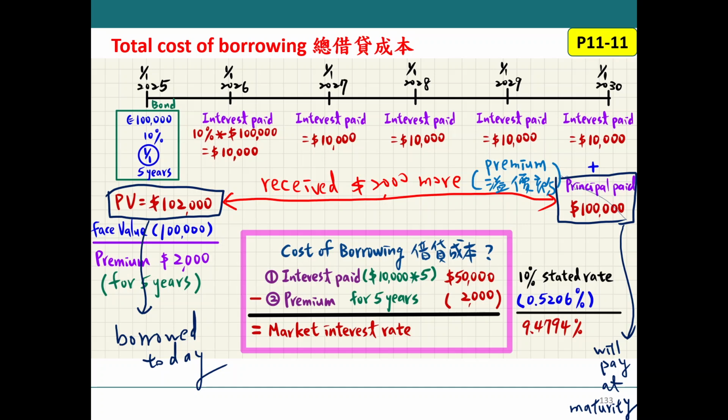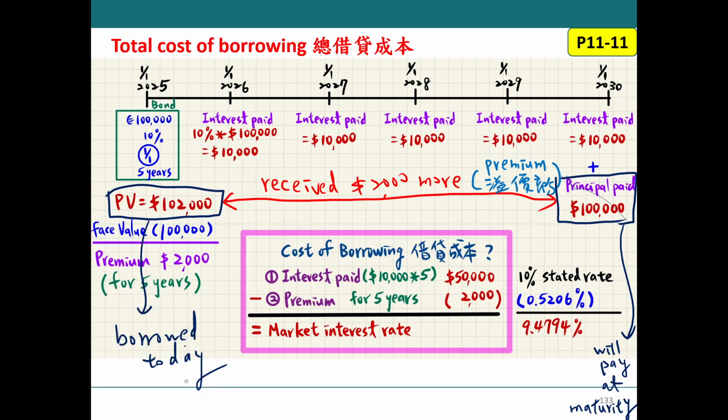Did you find out our second cost of borrowing is a little bit different? When we talked about issue at discount, you borrow less money and pay more money back, so you have a second cost of borrowing. But here, you got more money today. So your second cost of borrowing will make your total cost of borrowing decrease, because you got more money.